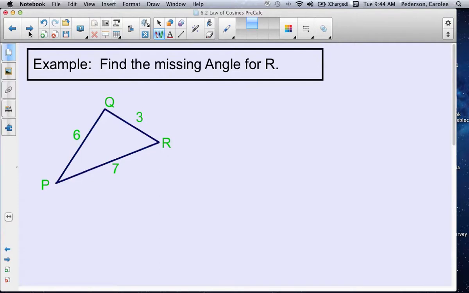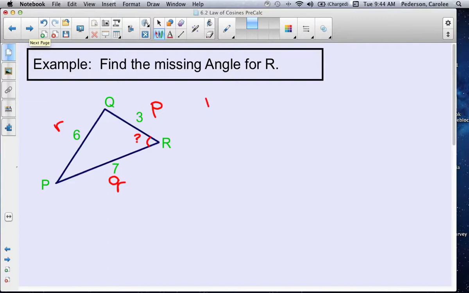Alright, now we're going to go ahead and find an angle measure using the law of cosines. So we have this triangle given, and we want to find out what is angle R. Side r is 6, side p is 3, and side q is 7. What we have is a side, side, side triangle.